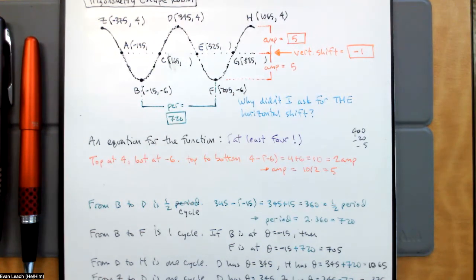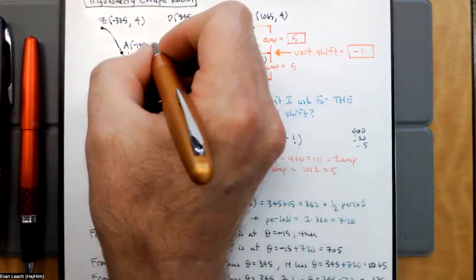Also, you're looking for something halfway between. The vertical shift will be the average of the two things, the point halfway between. 4 plus -6 is -2, divided by 2 is -1. So if we take the top minus the amplitude, that'll give us the vertical shift. That'll also give us all the y coordinates on the middle.